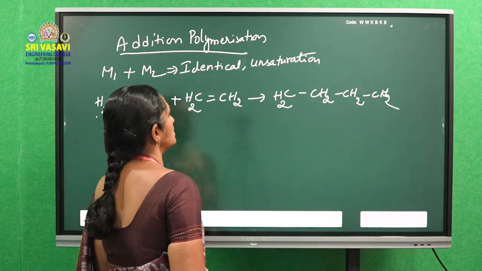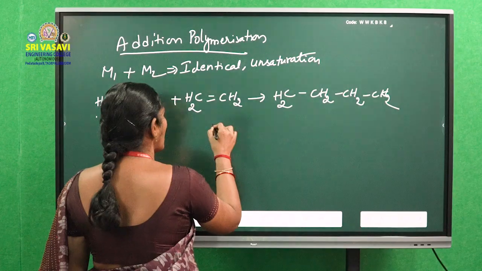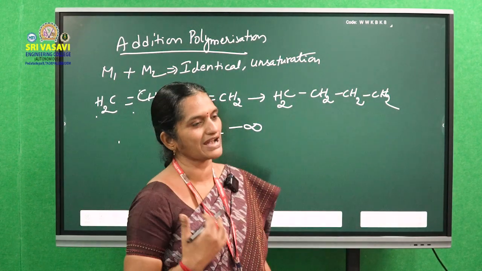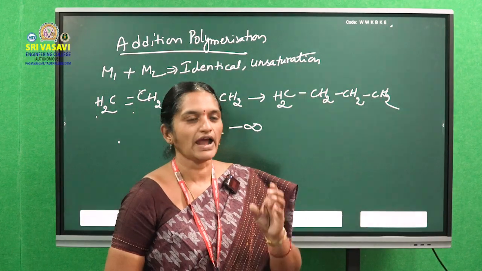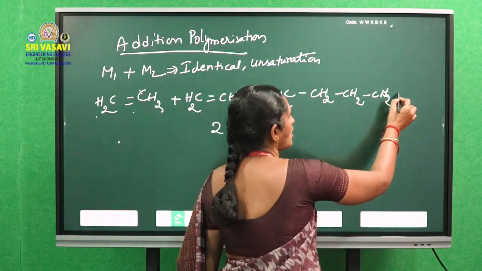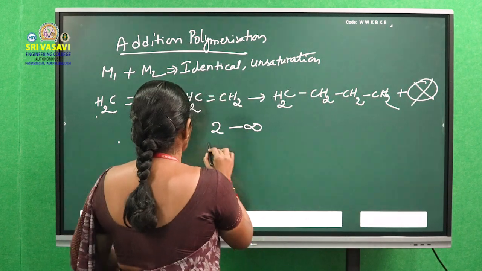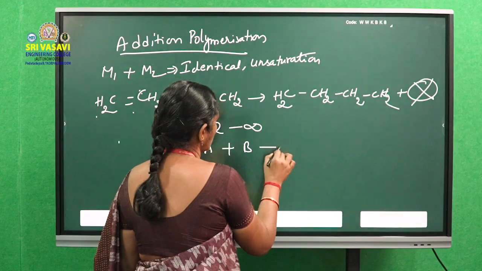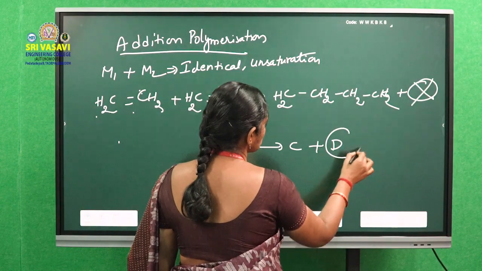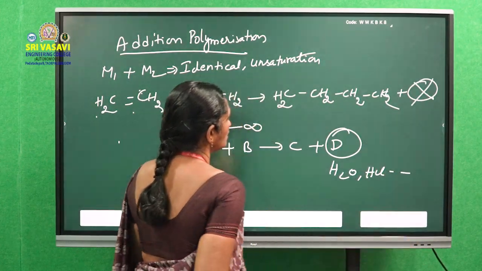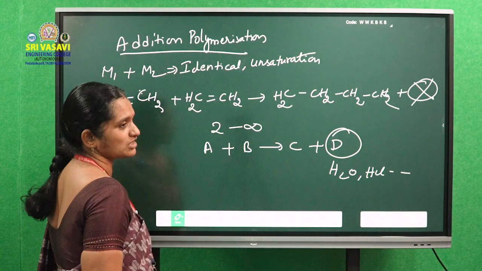How many monomers can you add? From 2 to infinity; depending upon our requirement, we can add many monomers. And during this addition, I am not getting any byproduct. In general chemistry, when I add A plus B, I get C plus D, where this may be a smaller molecule like H2O, HCl, etc. This does not happen in addition polymerization.